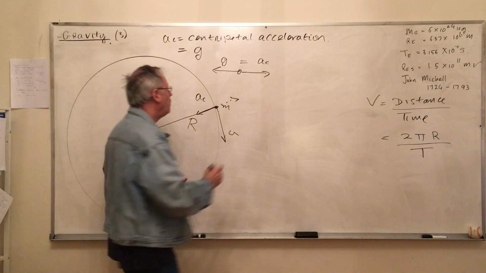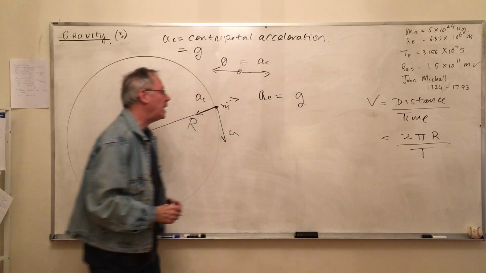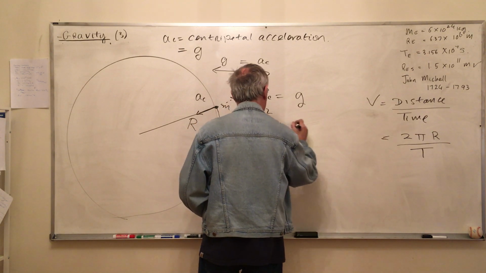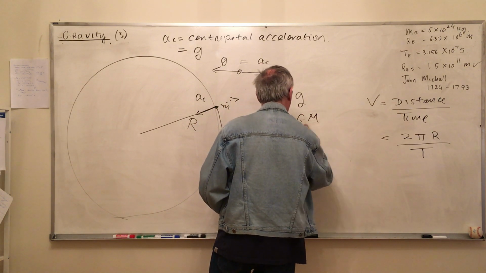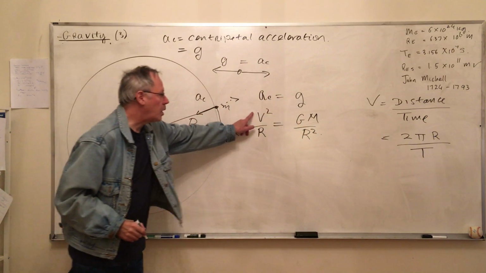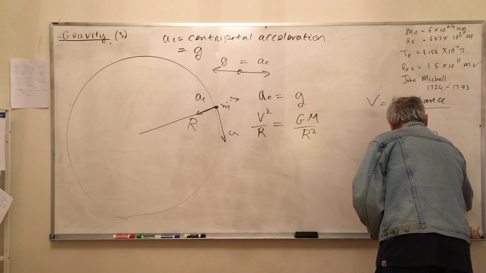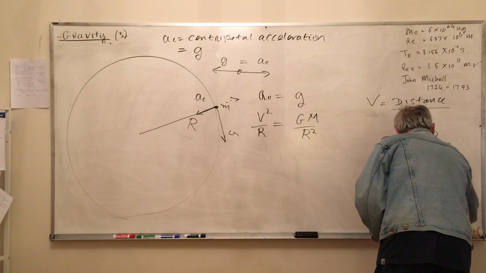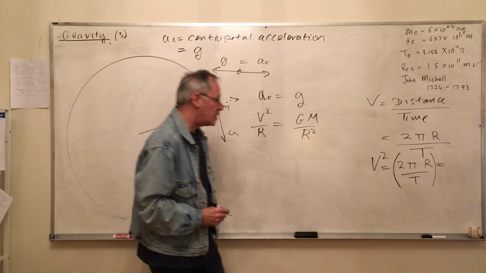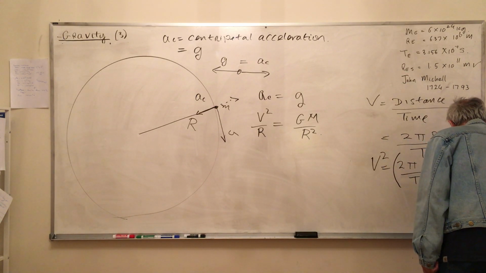So, if we can say g can be equated to a_c, we can write v squared over r is equal to GM over r squared. So for v squared, we can put in what v is. 2 pi r over T is the v, and we square it, we get 4 pi squared r squared over T squared.